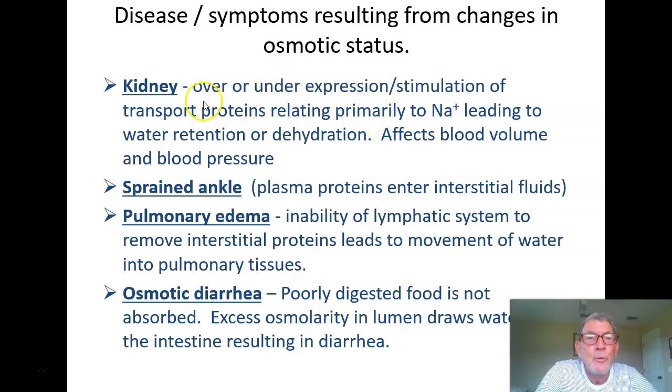But if you pee out too much water, you will become dehydrated. If you pee out too much solute, you'll become hypohydrated. And in some cases, if solute goes out that's not supposed to, it pulls water by osmosis, causing you to pee all the time.